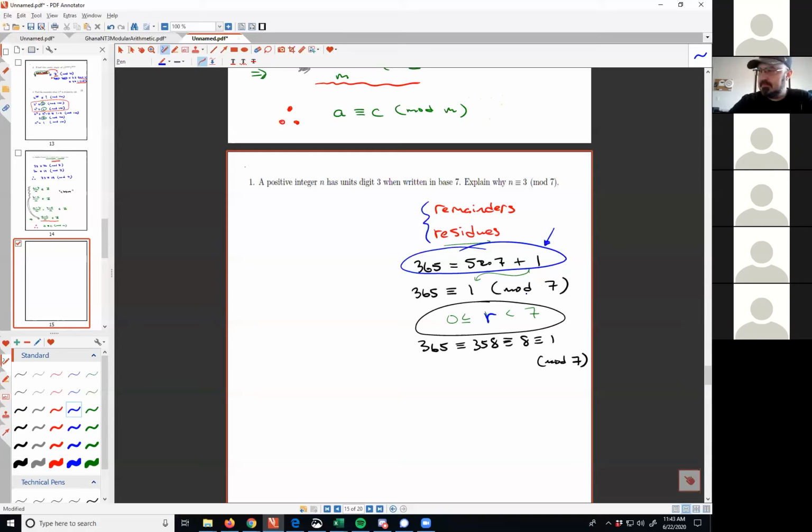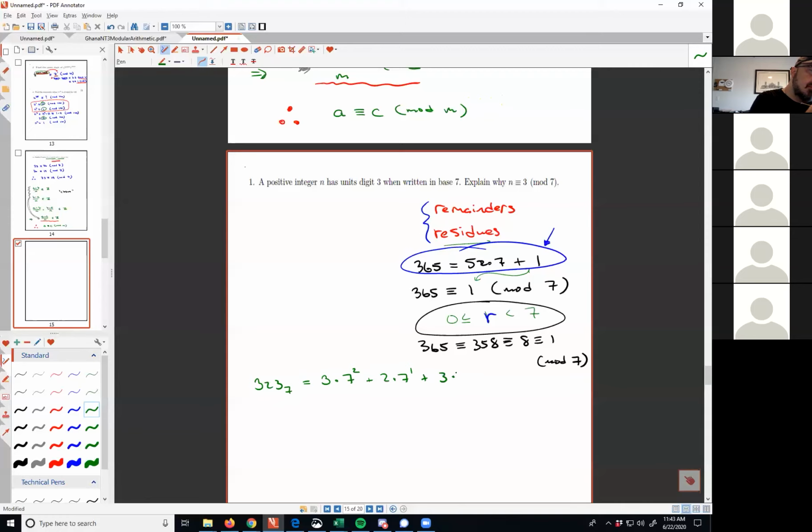Because the units digit of a number in base 7 is the remainder when you divide it by 7, which is exactly the definition of a residue. Well, the question is, how do we know that the units digit is the remainder when we divide by 7?